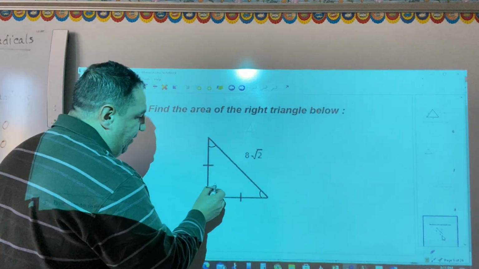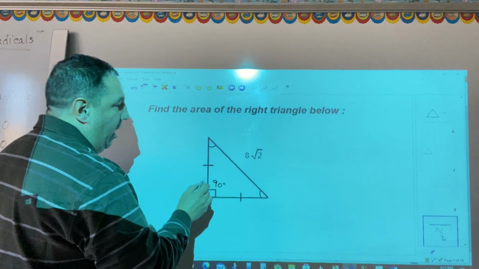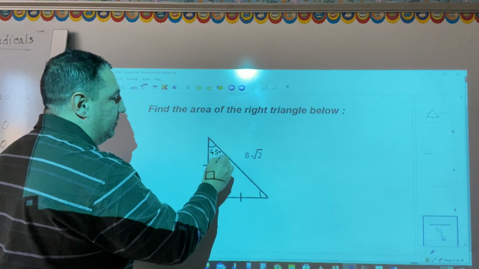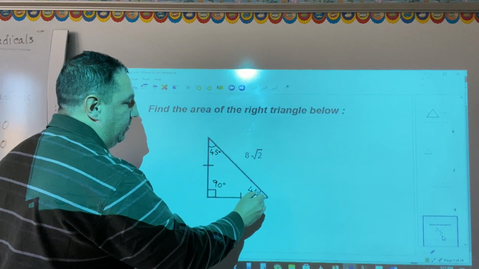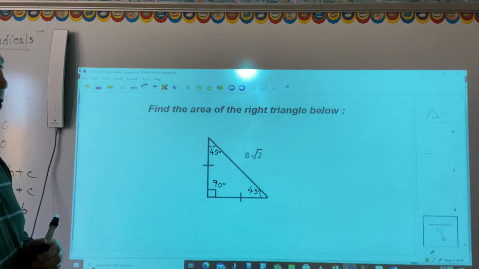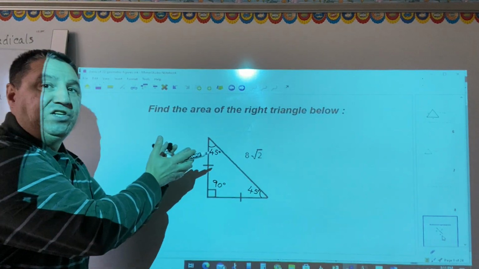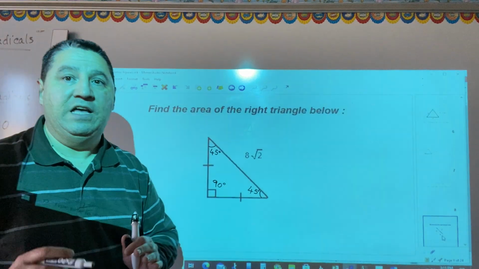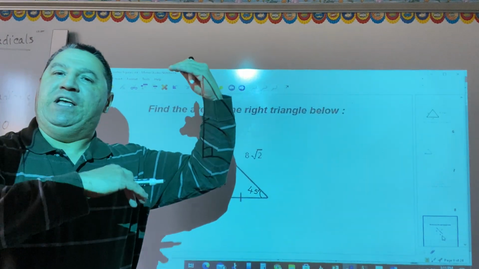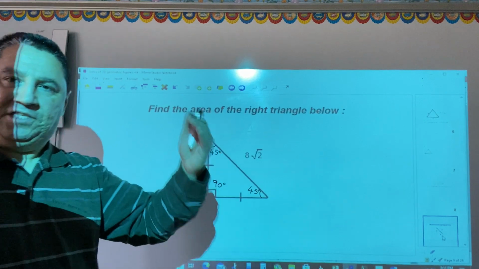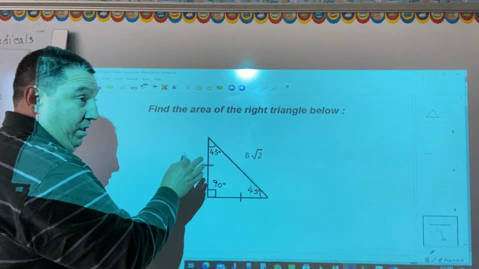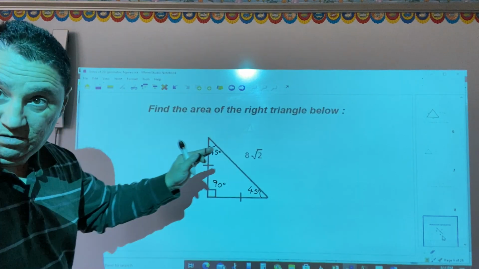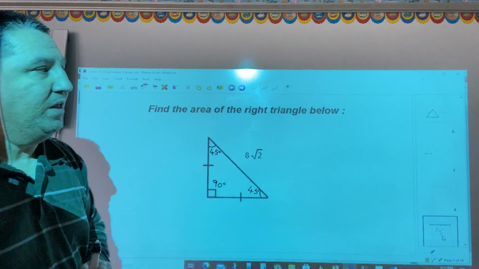Because this angle is 90 degrees, automatically the other two are 45 degrees each. Right? So we deal with the special right triangles 45, 45, 90. A few weeks ago, yes, last year, we dealt with 45, 45, 90.